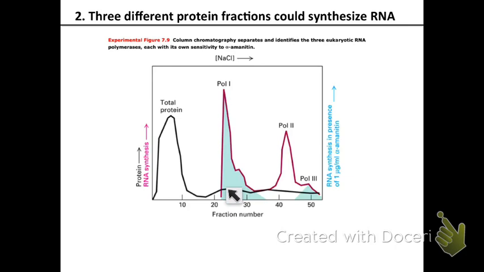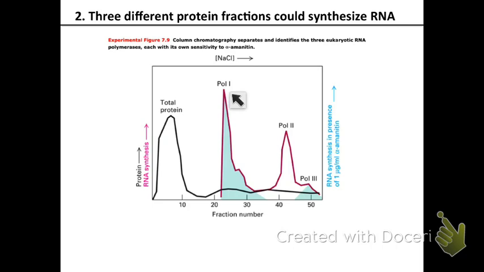Okay, so what you can see here is Pol 1, the fractions that are synthesizing the RNA in here, are they sensitive to alpha-amanitin? No, right? Because the blue line is just as high as the pink line. So the RNA synthesis is going fine, even in the presence of alpha-amanitin.